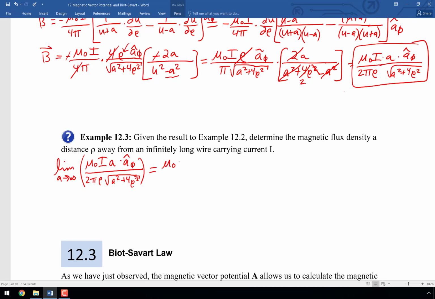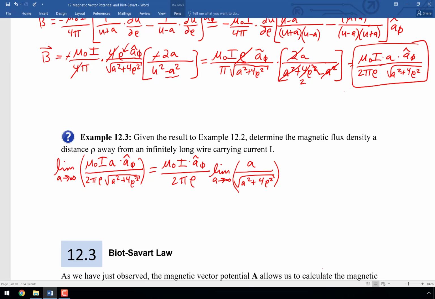So I'm going to have mu sub 0 I times A sub phi divided by 2 pi rho. None of that is going to be impacted by taking the limit as A approaches infinity. But what will be impacted as A goes to infinity is everything else, which is A divided by the square root of A squared plus 4 rho squared.